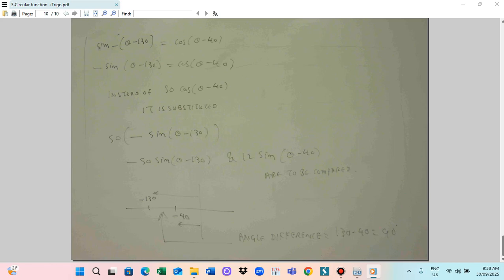So we substitute here, and we get sine 130 minus theta is equal to cos theta minus 40. So this becomes minus sine theta minus 130 and cos theta minus 40. So that we can make a comparison between sine theta minus 130 and sine theta minus 40. So this angle difference is 90 degrees.